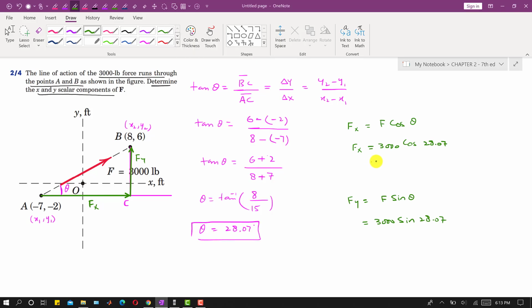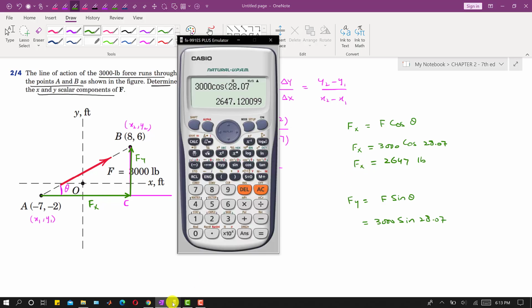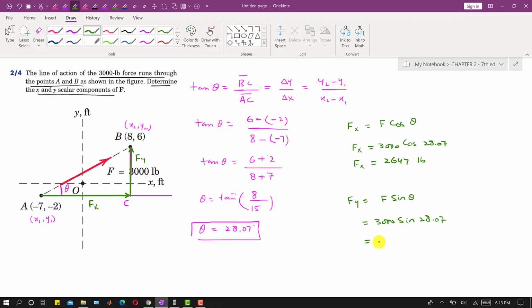So Fx is 2647 pounds. And similarly, this is 3000 sine of the same angle. So this is approximately 1412, right? So this is 1412 pounds, right?